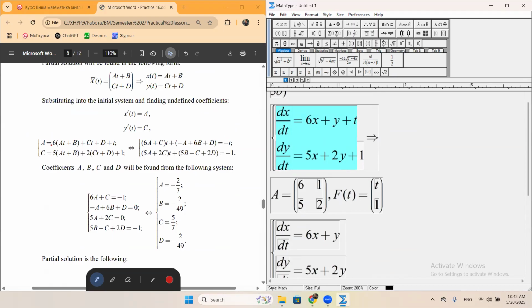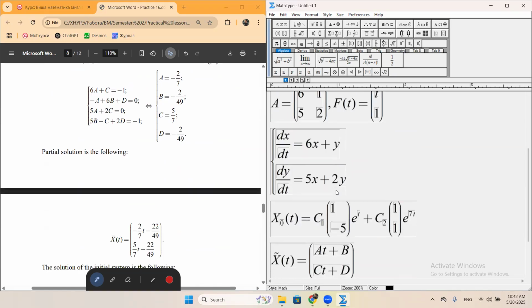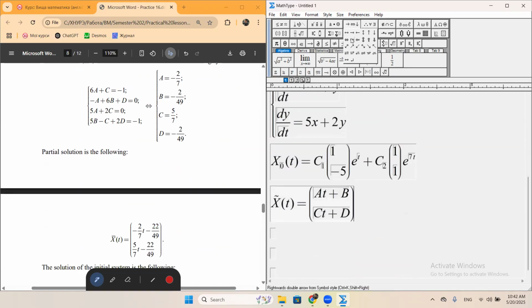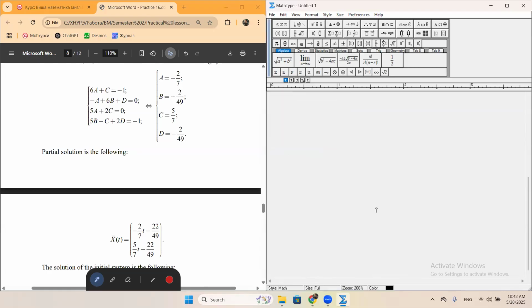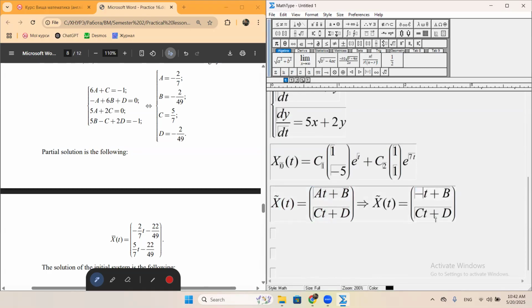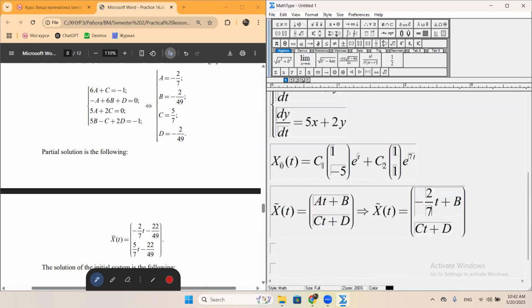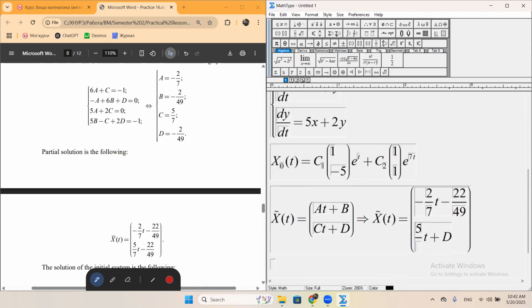As we can see here, it is substituted into the initial system, and then it will be found that the partial solution has the following form: minus 2 over 7t minus 22 over 49, and here 5 over 7t minus 2 over 49.